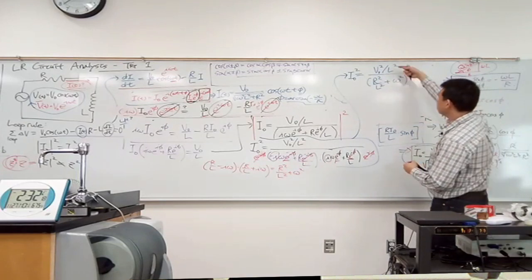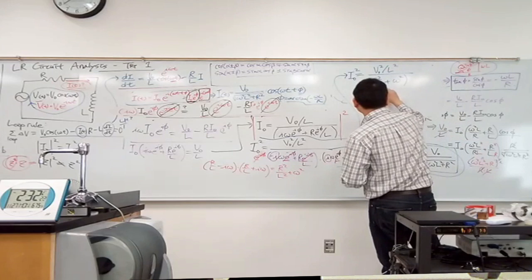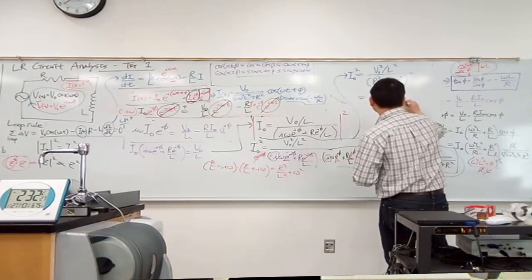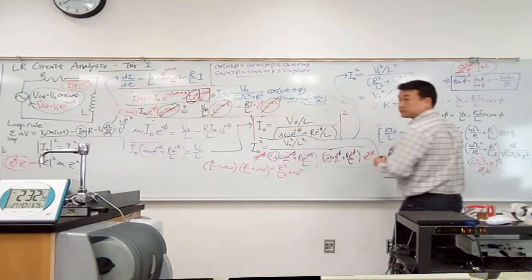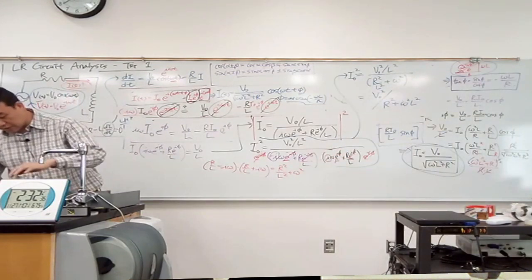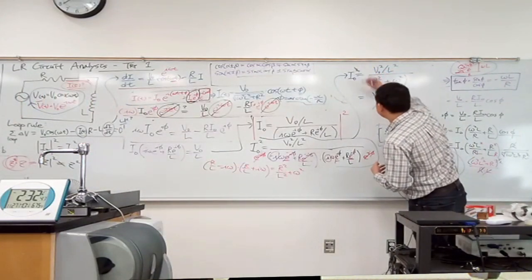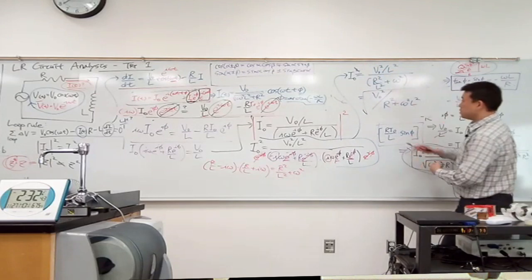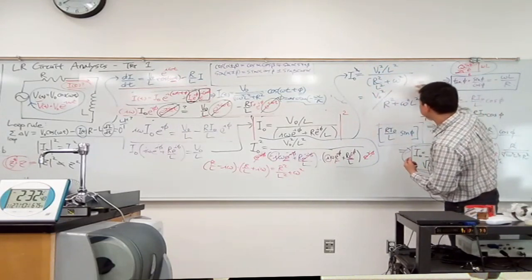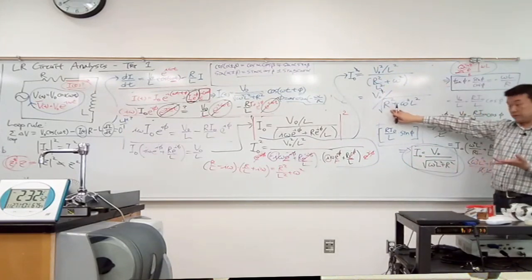Let me simplify. I have this L squared, absorb it into here. Then I have V naught squared over R squared plus omega squared L squared, since L squared cancels. And to find I naught, instead of I naught squared, you take the square root. When you take the square root, V naught squared becomes simply V naught, and the denominator becomes the denominator's square root.